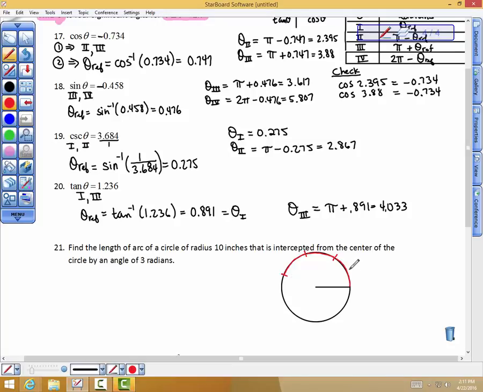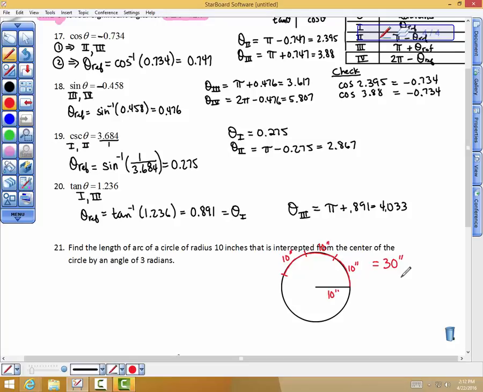So I'm looking for how long that red line is. But don't forget that this is 10 inches, the radius. Well then, if there's 3 radians, or almost 180 degrees, then this length of arc would be 10 inches. So would this one, and so would this one. And I would then just be able to say that the length of the red line adds up to be 30 inches in length.